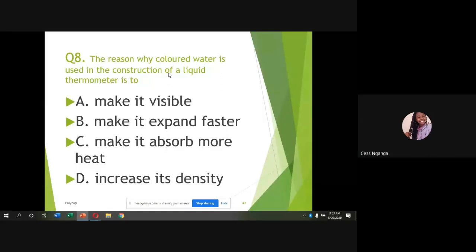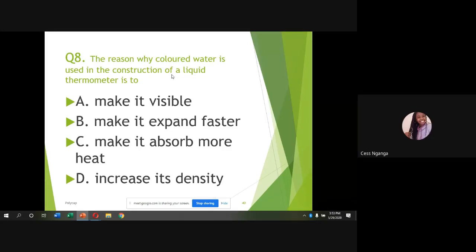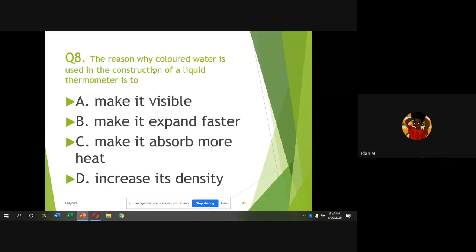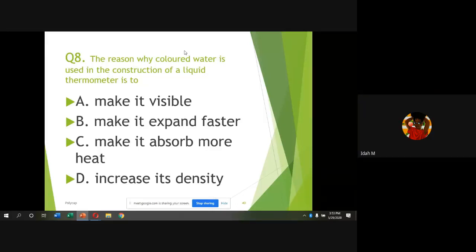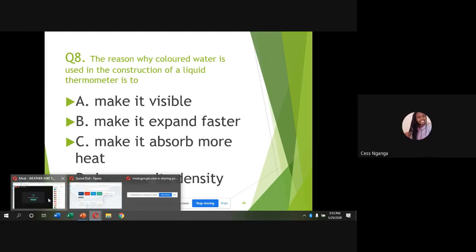The reason why colored water is used in the construction of a liquid thermometer is to make it visible. Any person who has a different answer? Why is your answer make it visible? Because it's colored, so when it is colored, it makes it visible. Maybe.